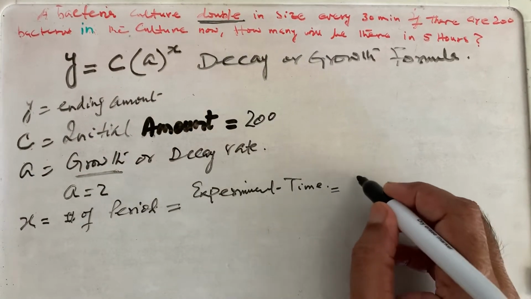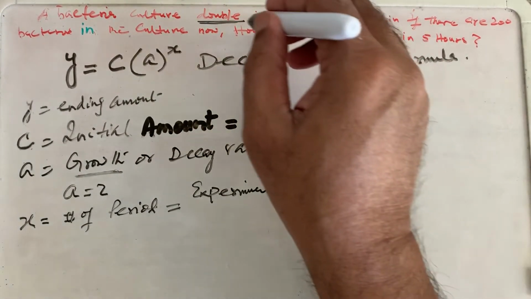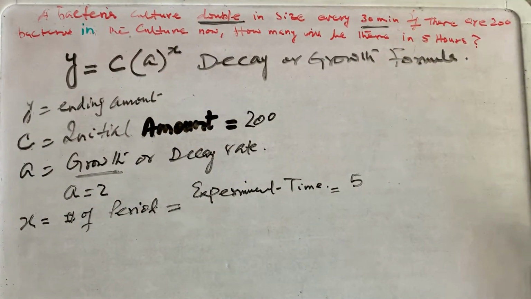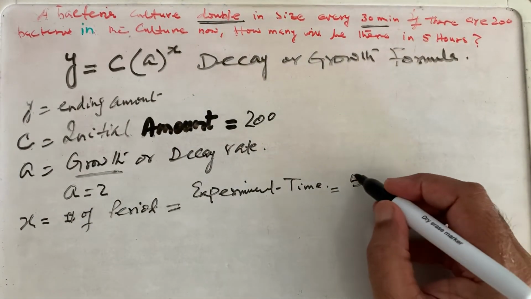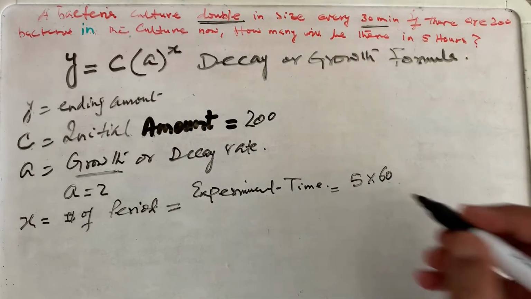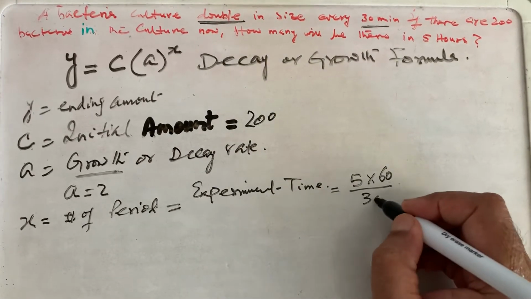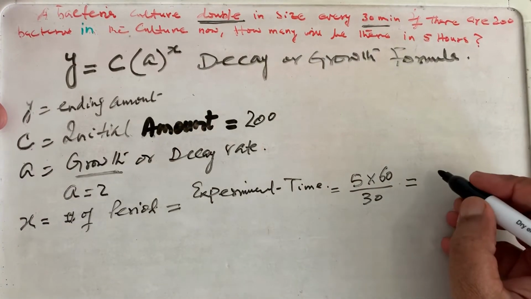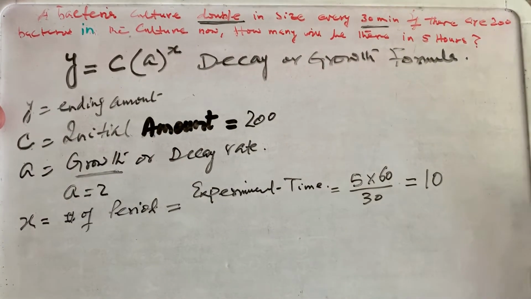But I need minutes because the size is doubling every 30 minutes. So I will convert these 5 hours into minutes, times 60, and divide by 30, because every 30 minutes they are doubling, right? So that comes out as 10.